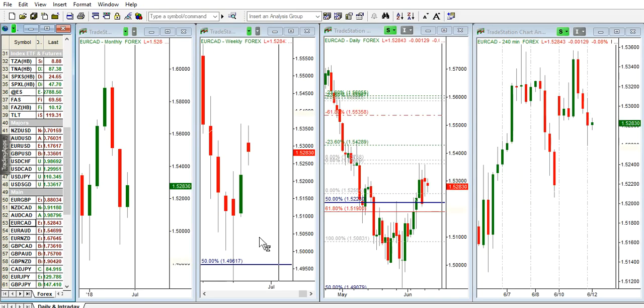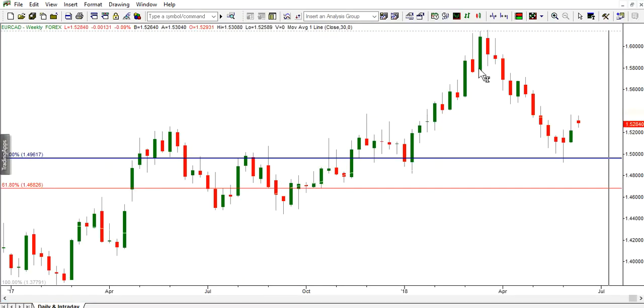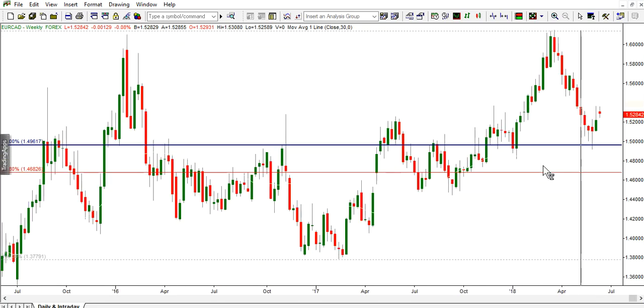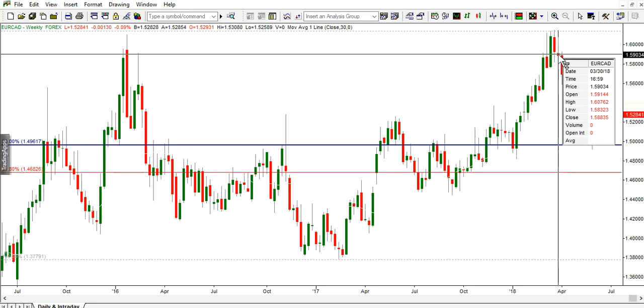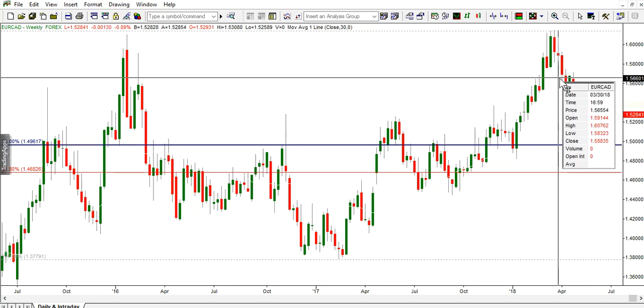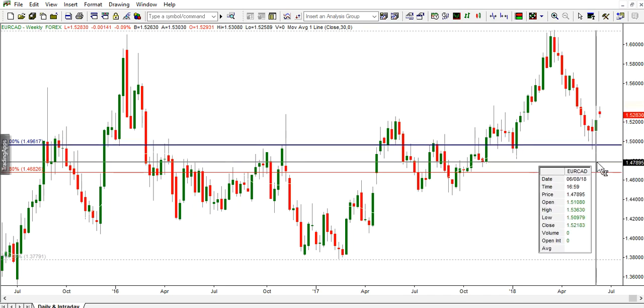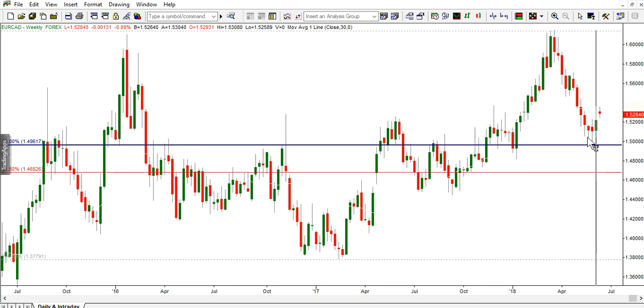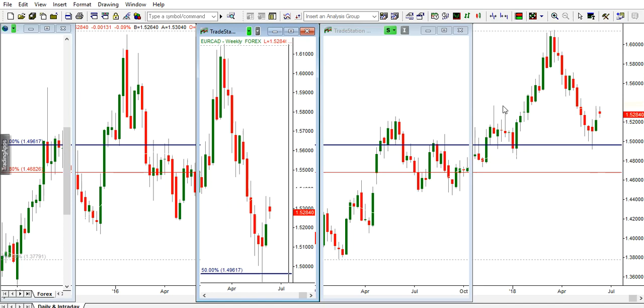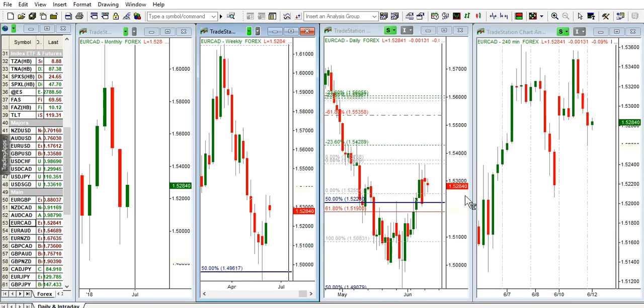Okay, so this is a short. The euro Canadian dollar, we had a nice move lower here, and then this price went and found participation at the level that we had traced 10 weeks before the fact, and now it's getting traction and participation higher.